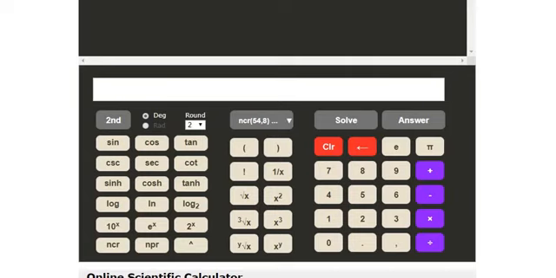So this is where a scientific calculator really does come in handy and really is helpful.